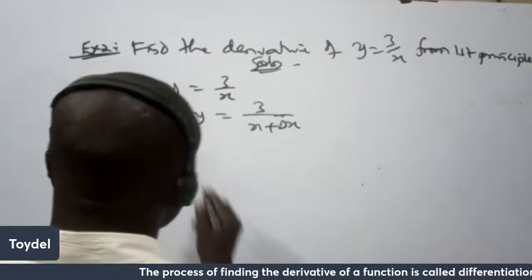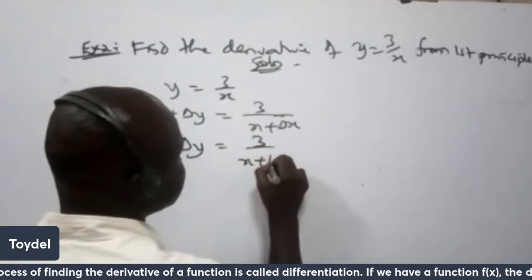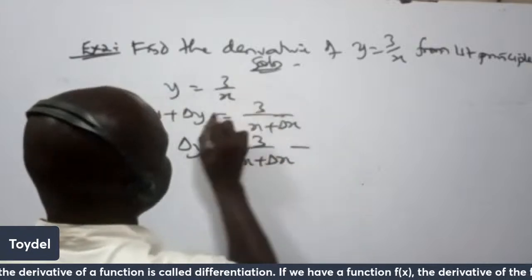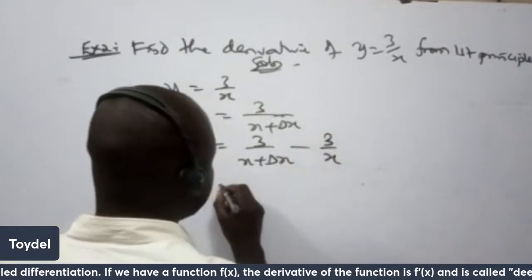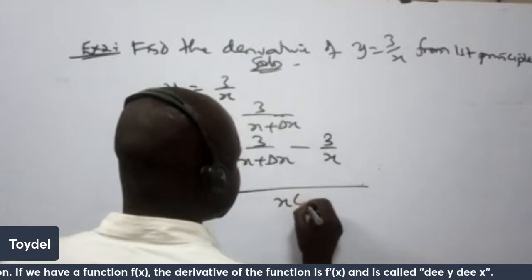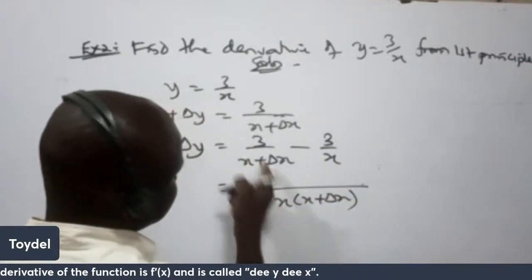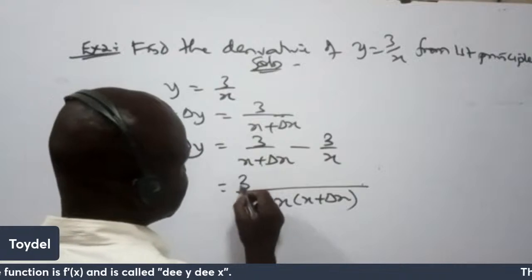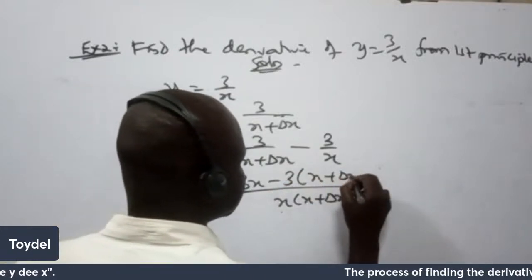So we make delta y the subject of the formula. It will be 3 all over x plus delta x minus y. What is y? 3 all over x. Then we find the LCM here: x into bracket x plus delta x. So for this one we have only x, so 3 times x is 3x, minus, for this one we have 3 into bracket x plus delta x.